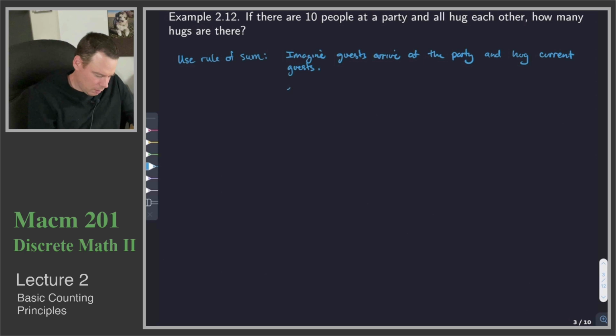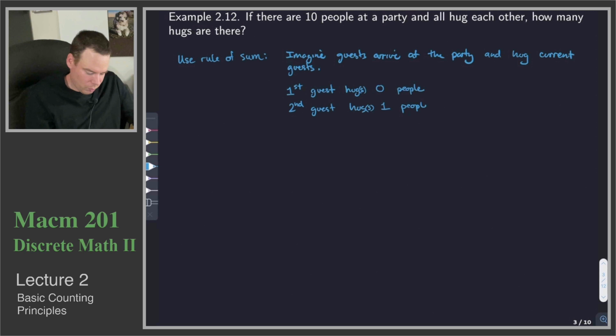So the situation is that we have a first guest arrives, and who do they hug? Well, the first guest will arrive. There's no one at the party. They're the first guest. So they hug 0 people. And then the second guest arrives, and they hug the first party goer.